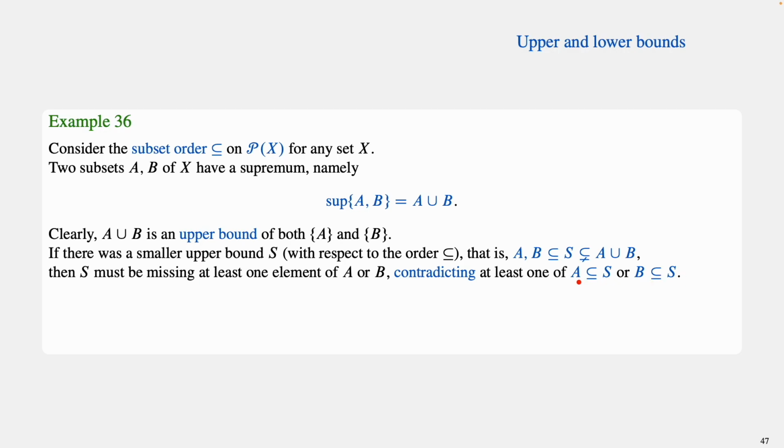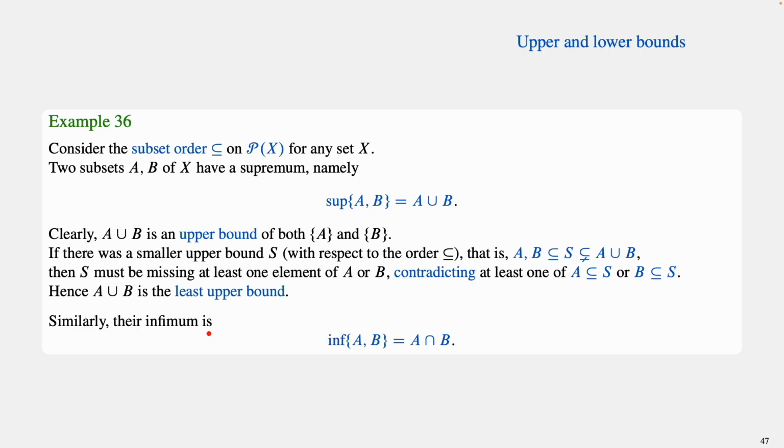So either it would contradict A subset S, or it would contradict B subset S. And that means there can be no lesser upper bound. And this means A union B is the least upper bound of the set containing the subsets A and B.